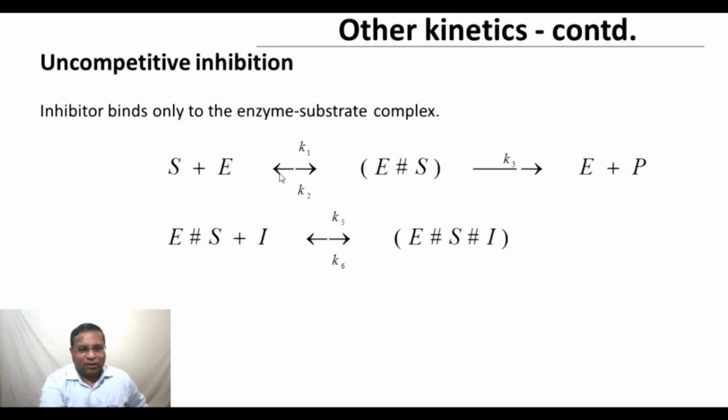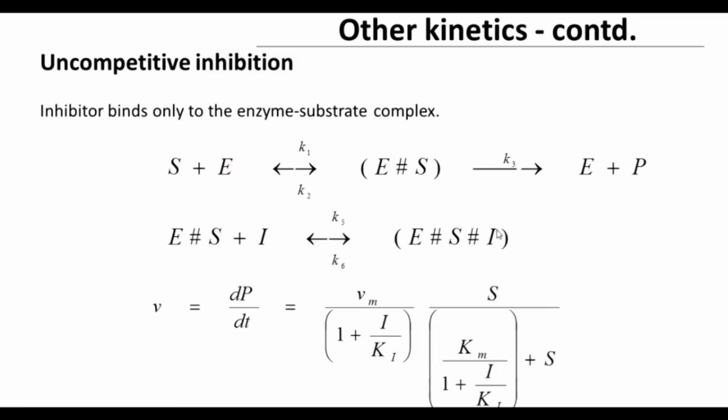In such a case, the reaction mechanism is the Michaelis-Menten plus enzyme substrate complex plus I, giving you reversibly the enzyme substrate inhibitor complex. The derivation of this would lead to dP/dt equals Vm by (1 plus I by Ki) into S by (Km by (1 plus I by Ki) plus S).